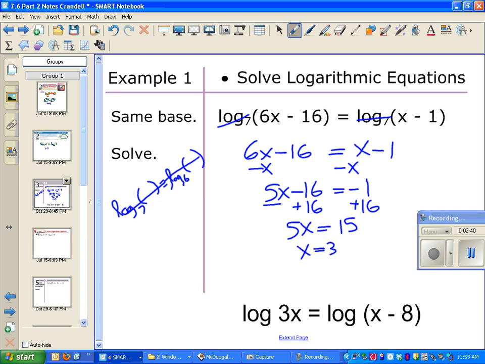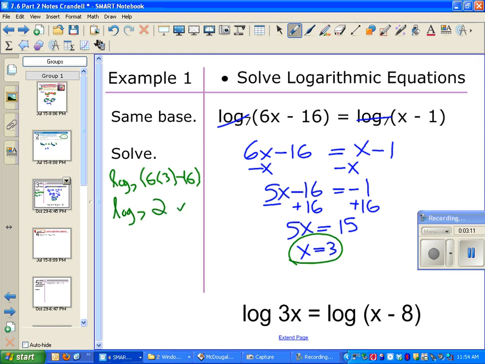And then it's important to check these, because if you remember when you are doing domain and range for logarithm graphs, we can't have the log equal to 0, that asymptote. So if I plug 3 back in and check it, on the left side I get log base 7 of 6 times 3 minus 16, which is log base 7 of 18 minus 16, so log base 7 of 2.